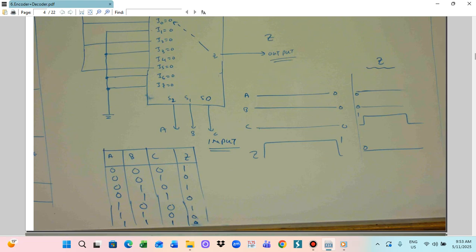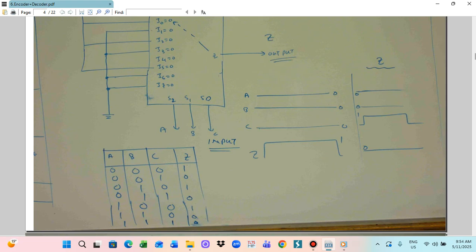A0, B1, C1, Z will be 0. A1, B0, C0, Z will be 1. A1, B1, C0, Z will be 0. And A1, B1, C1, Z will be 0. Those are the combinations of the data. Depending on the state of ABC, Z will change.